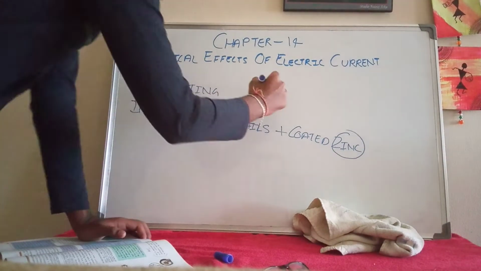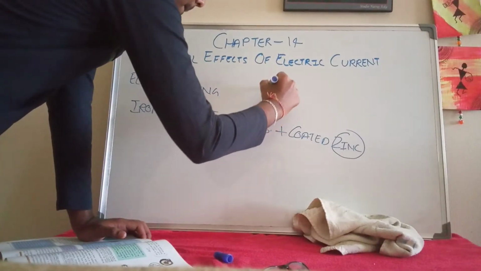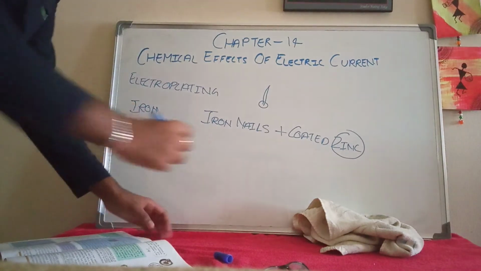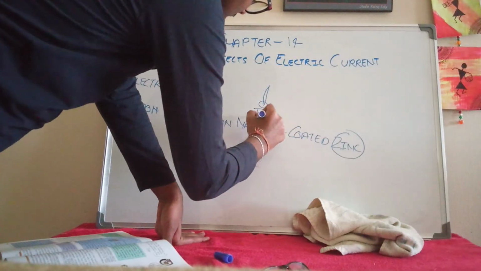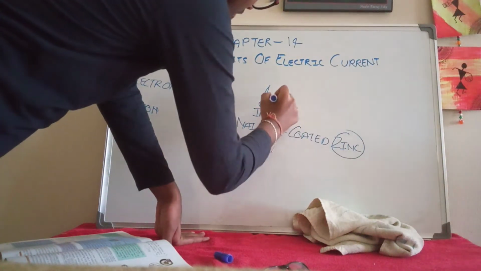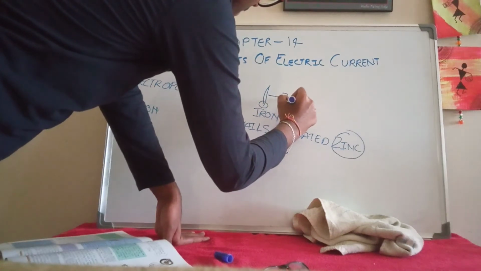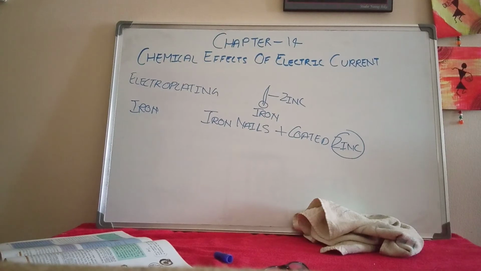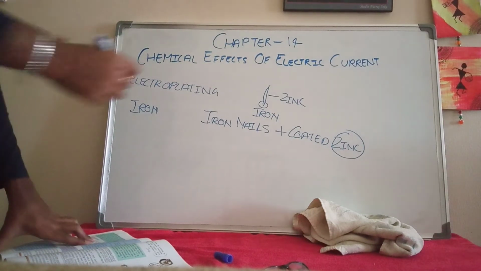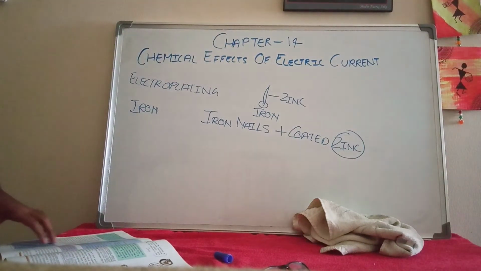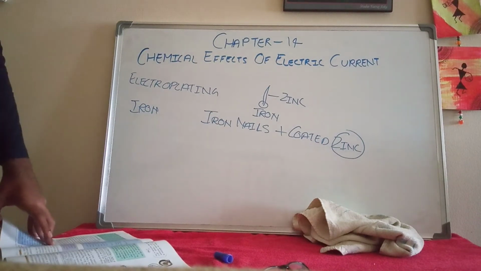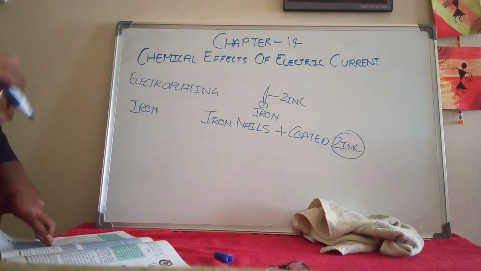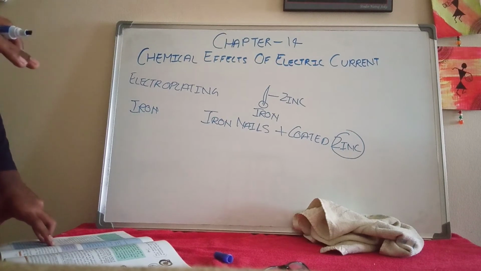So that means you have a nail, and that nail is made of iron, but it's coated with zinc, and zinc forms a protective layer on it and covers it. So zinc becomes a barrier between iron and the moisture present in the air, and this is how the material doesn't rust.